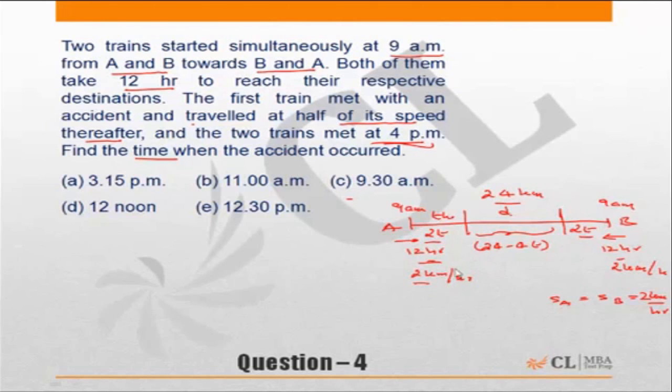This distance will be covered at the speed of not 2 plus 2 but 2 plus 1, because after the accident, the speed of the first train will become 1 kilometer per hour rather than remaining at 2 kilometers per hour, as per the question it travels at half the speed after the accident.